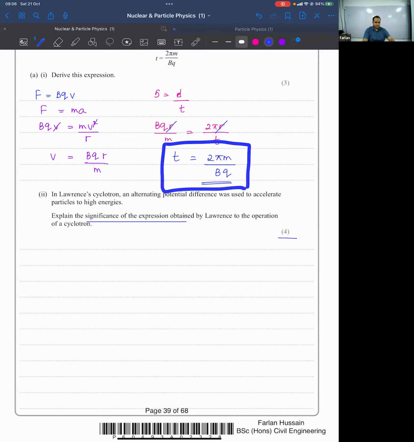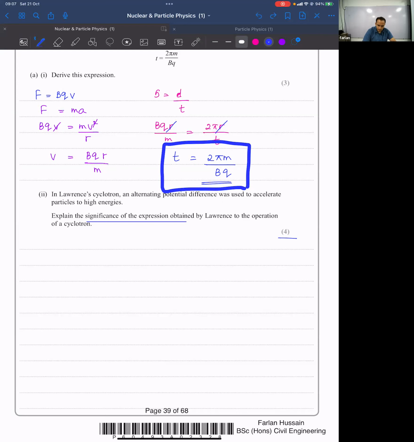So guys, this T, the time taken to make a complete circle, depends on the mass of the particle, the magnetic field, and the charge of the particle. It doesn't depend on the speed of the particle. So we can write those points.